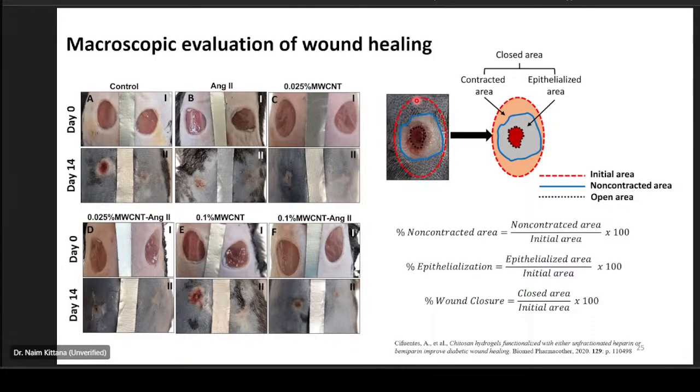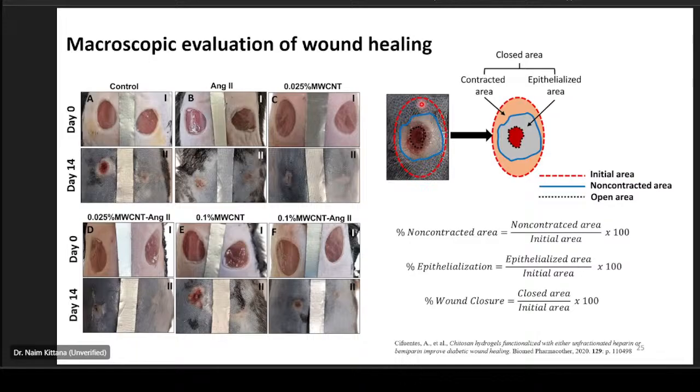So here the dotted red line represents the initial wound area. Then we have this blue line. This represents the non-contracted area, and here this is the contracted area, because this one is not healing. So it started here and then it ended here.